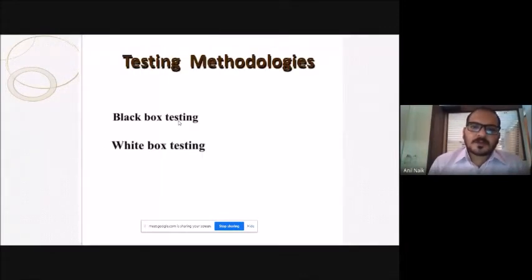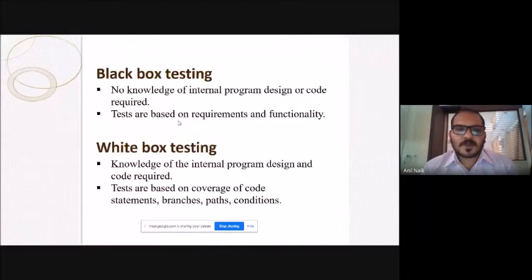Then the different testing methodologies, which are very important and mentioned in your syllabus: black box testing and white box testing. As you already know, I think we discussed these concepts in software engineering also. You had one chapter on software testing.